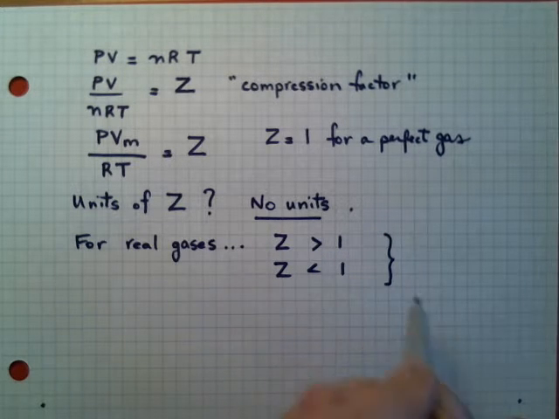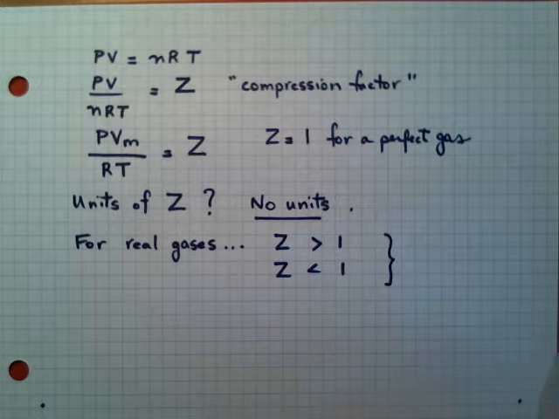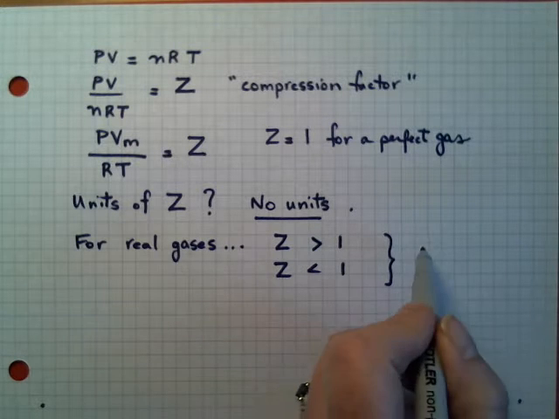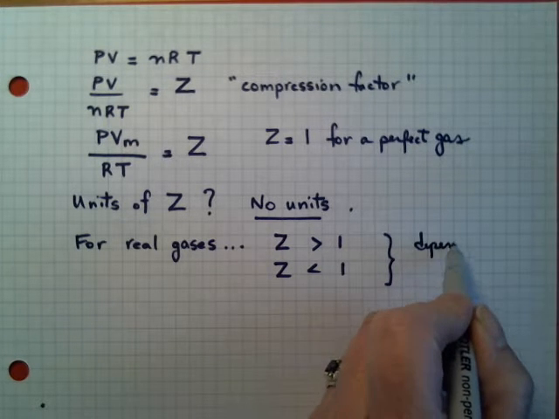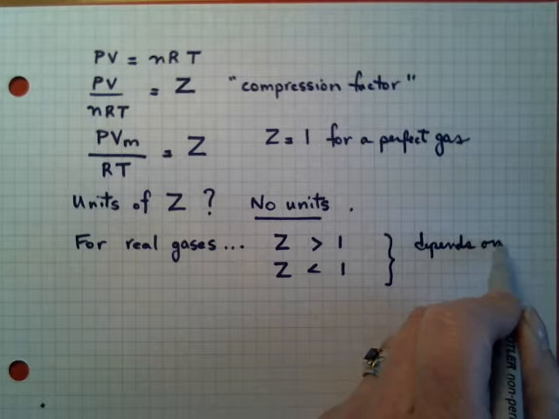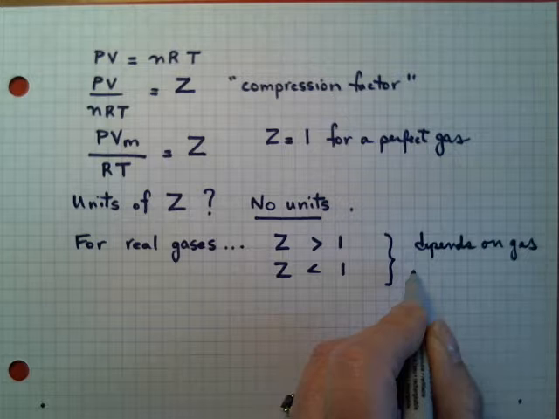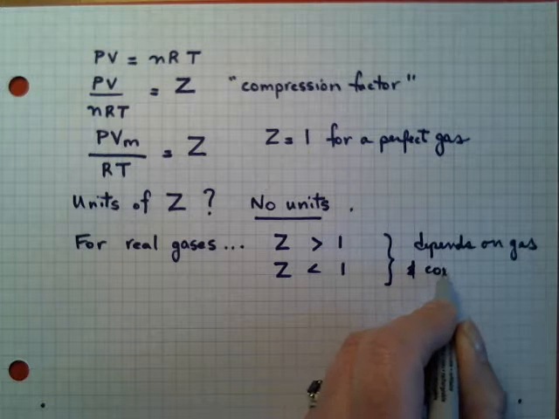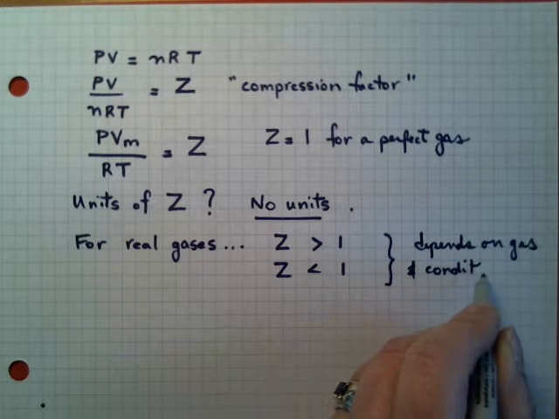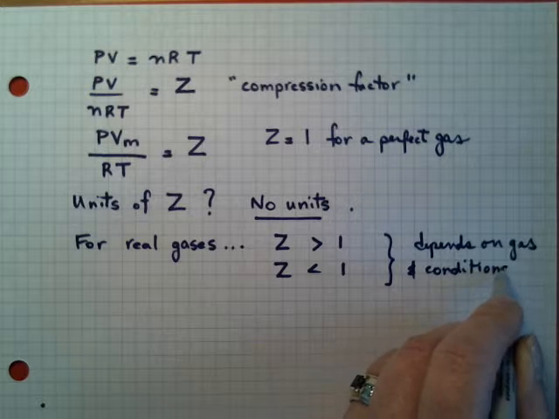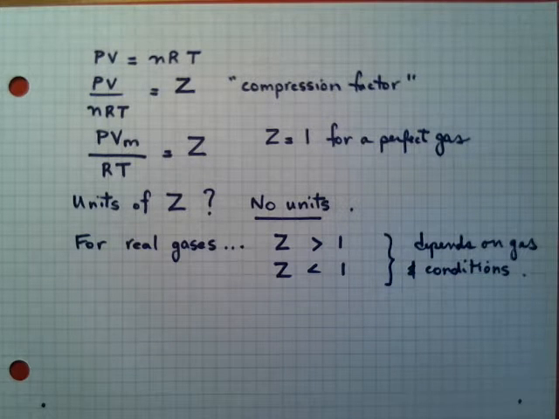And what does that depend on? A couple of things. This depends on the gas itself, and to some extent it depends on the conditions, especially pressure. And we'll see that in this video.